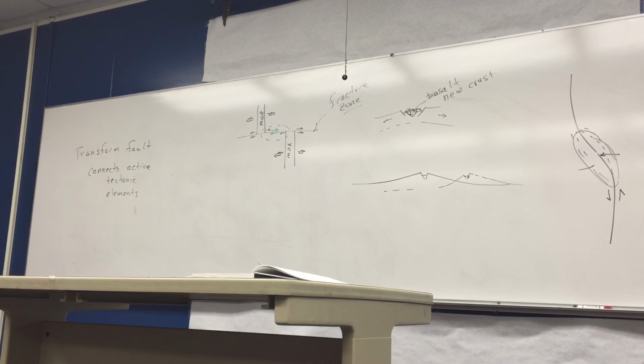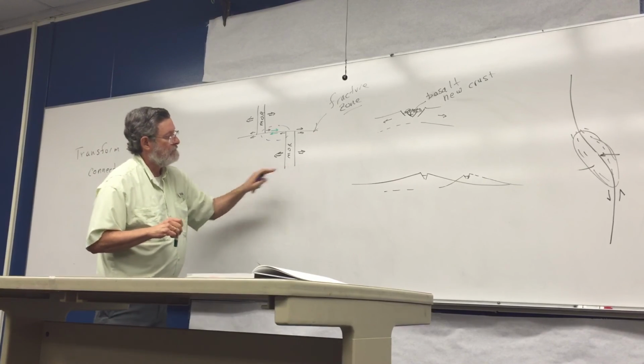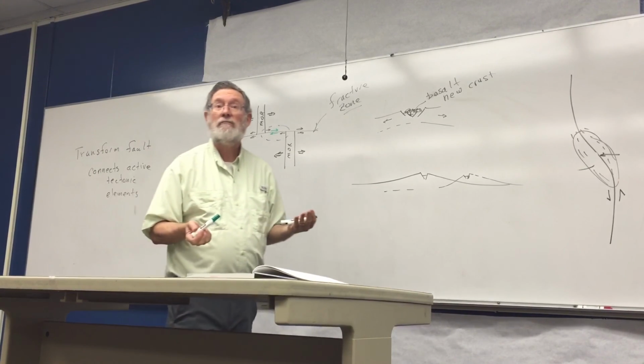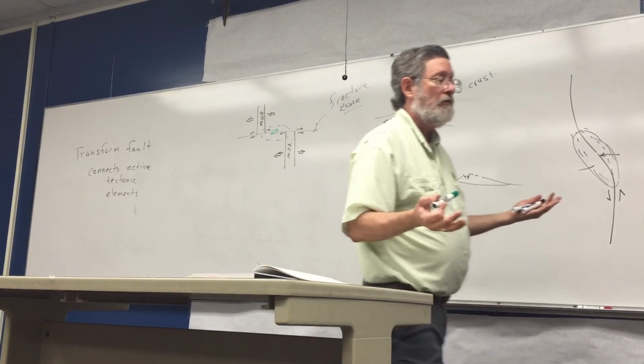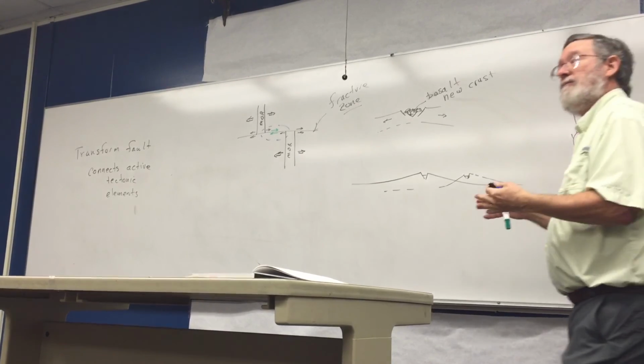We see the same geometries, whether we are offsetting two mid-ocean ridges, two subduction zones, or a subduction zone and a mid-ocean ridge. Same basic types of geometry for a transform fault system.